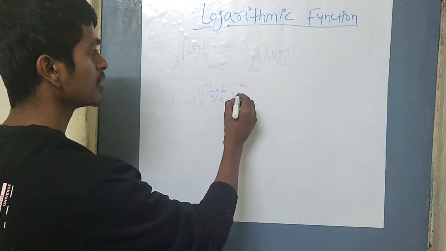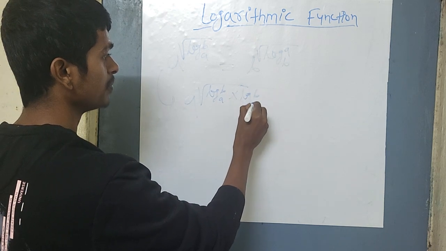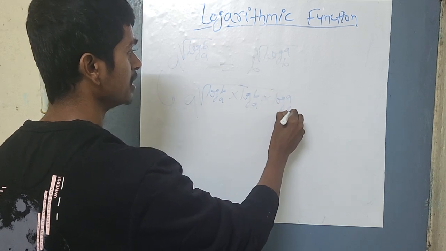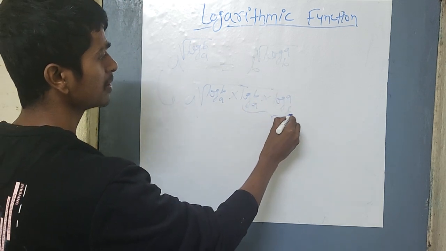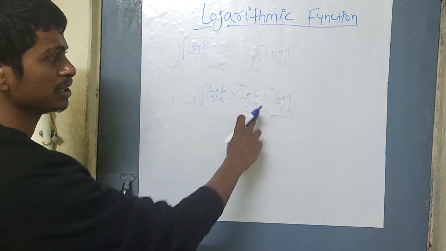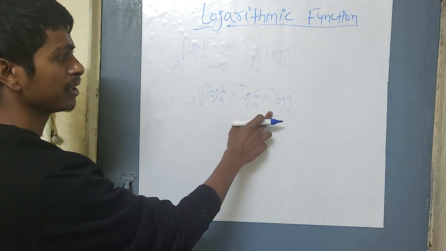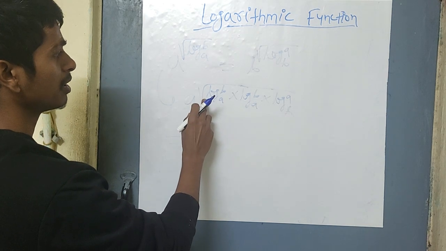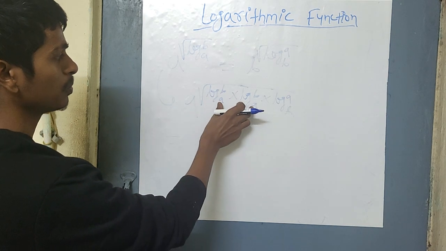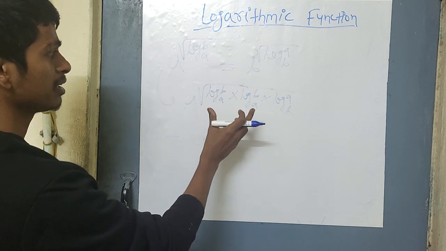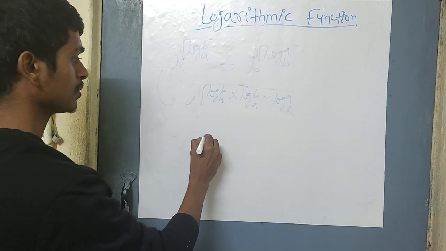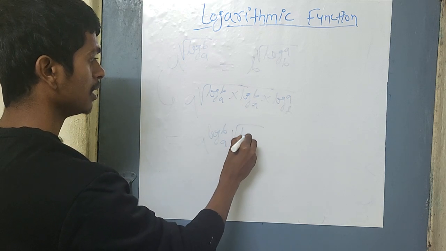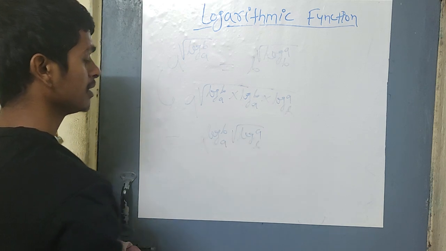In place of 1 you can write log b with base a into log a with base b, because the product of these is 1, right? Under the root we have these two factors, so we can take one outside of the root. So we have a to the power log b with base a, root under log a with base b.